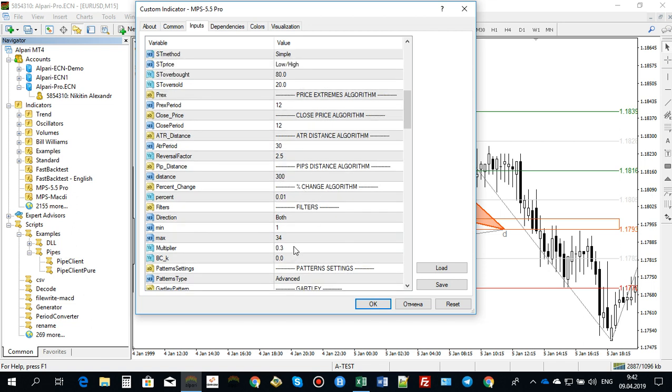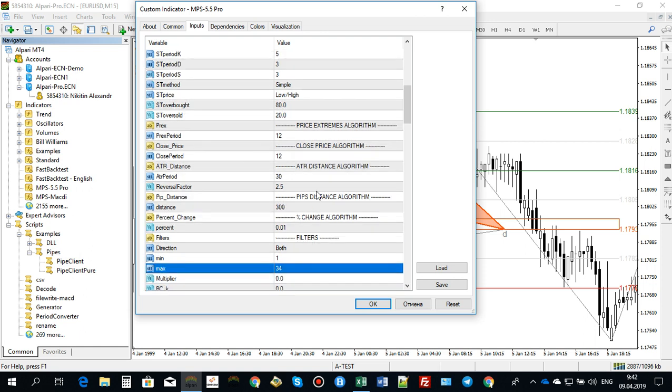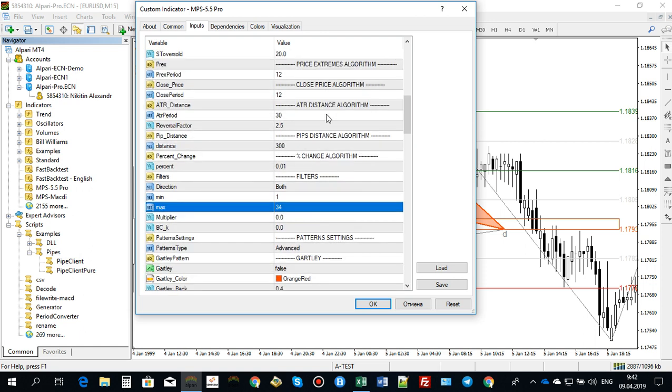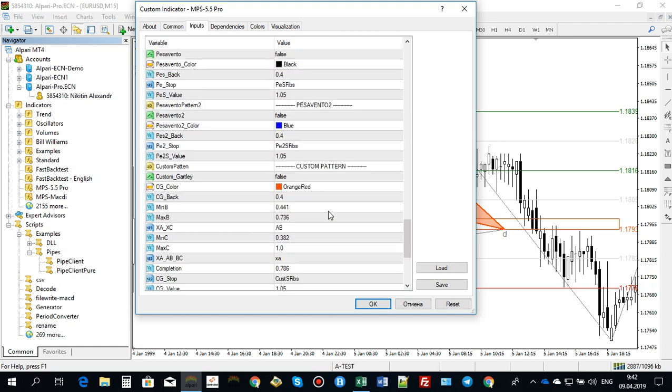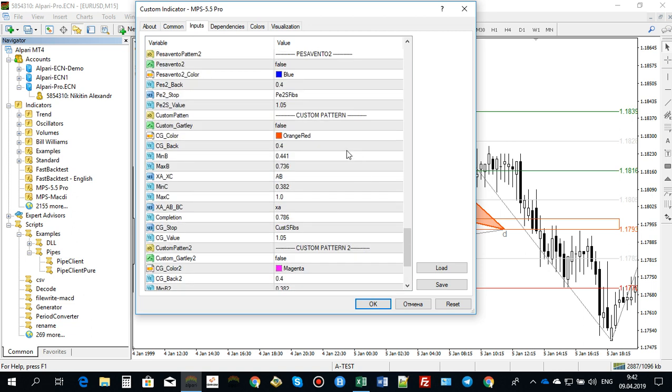price extreme 12, multiply and disable this filter, then yes, price extreme 12, and then we should enable a custom pattern here, should be true, and you set the ratios you wish to have according to this pattern.